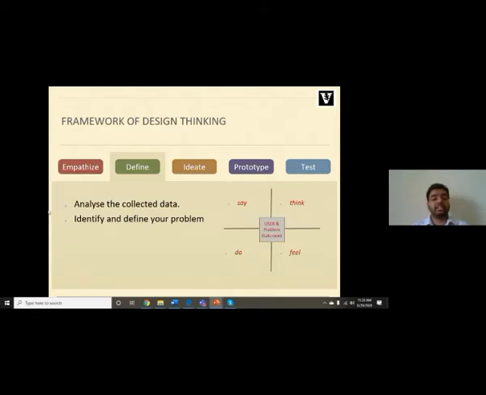When we analyze the collected data, we have to dig deeper and focus on what our users are saying, what they say they do in the given scenario.